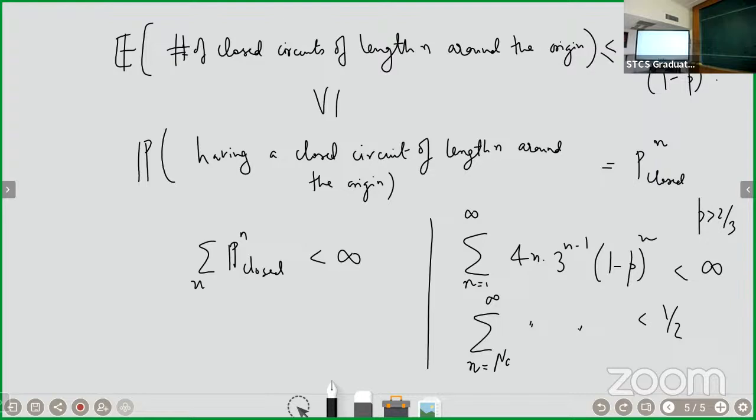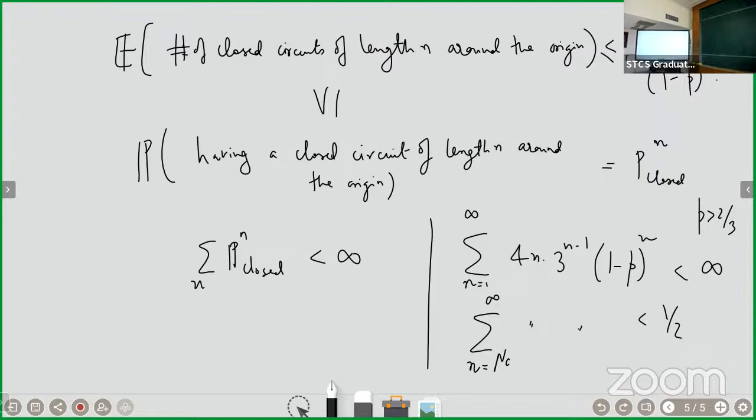Now what is happening for lengths below NC is a question. If I define a square box centered at a region with side NC, what is the probability that every single edge is open? P to the power NC squared, which is finite. I don't care how much it is. It's not going to zero because NC is a constant.